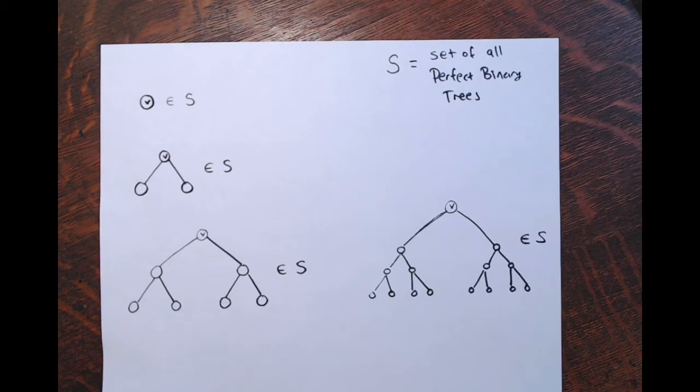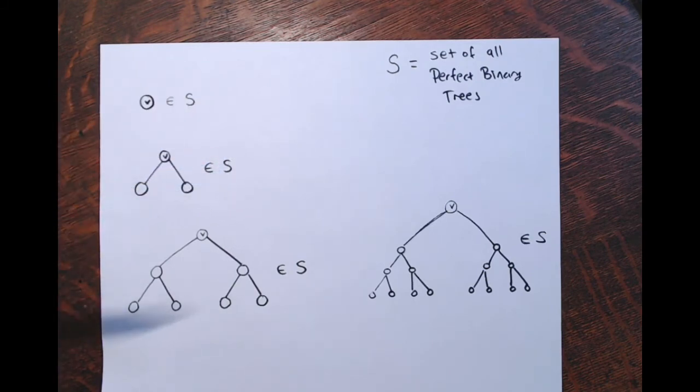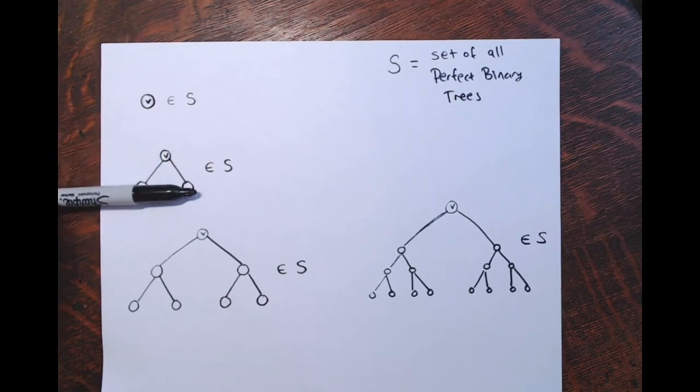Now what you're going to notice about these perfect binary trees is that at every level, the number of vertices, the number of circles, dots, is just a power of 2. See how there's 1, that's 2 to the 0. Then 1, then 2, that's 2 to the first.